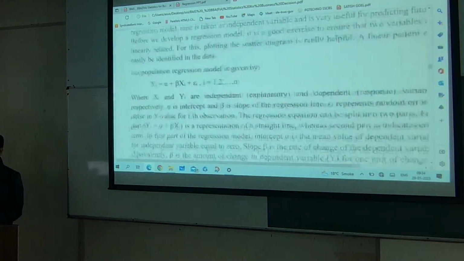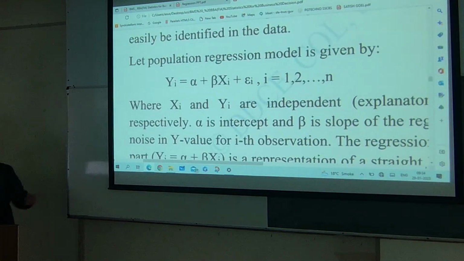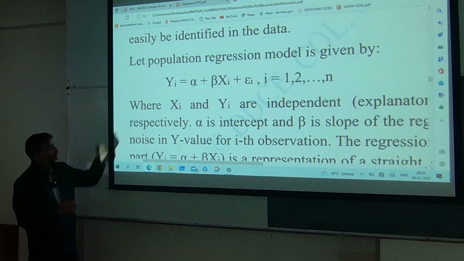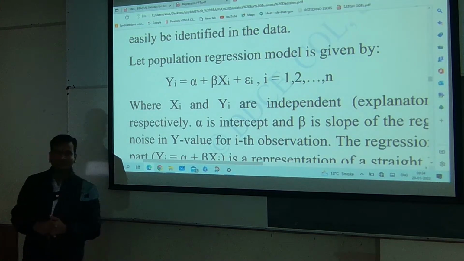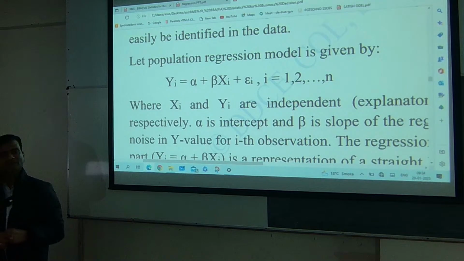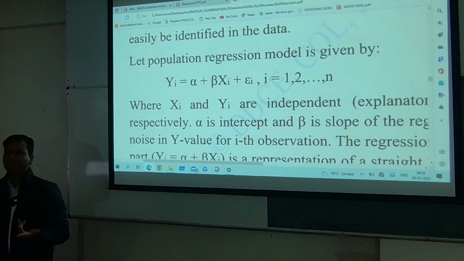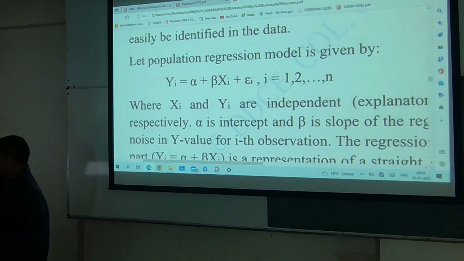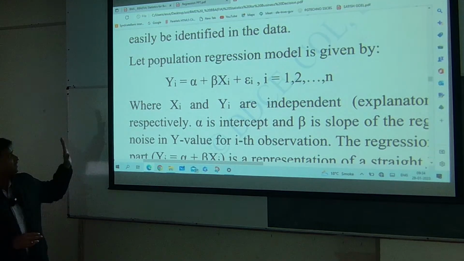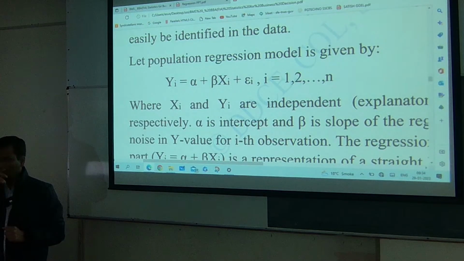So you can see this is the basic form of this regression model, y equal to alpha plus beta x i, or you can say a plus b x i, plus error term epsilon. Okay, so this is the very basic model, okay, which you have to find, which you have to calculate, or which you have to estimate.